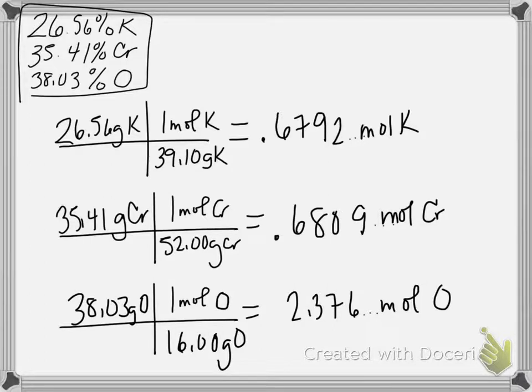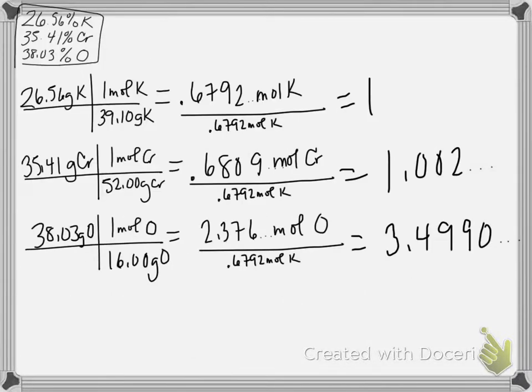Take the smallest one and divide everything else by it. So potassium is our little one. Okay, fantastic. So for every 1 mole of potassium, we have 1 mole of potassium. For every 1 mole of potassium, we have 1.002 moles of chromium. And for every 1 mole of potassium, we have 3.499 moles of oxygen.